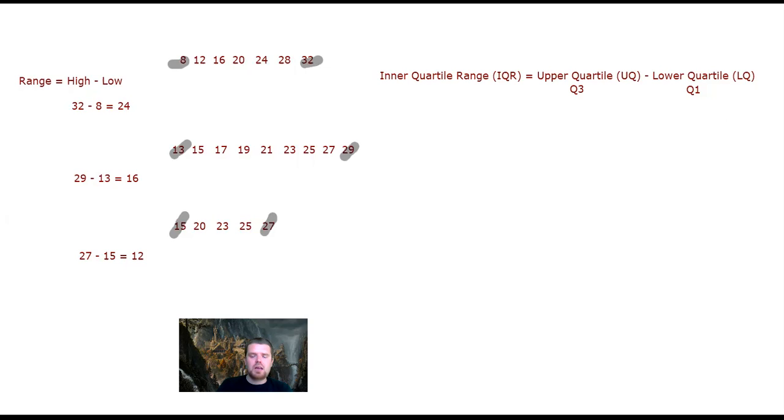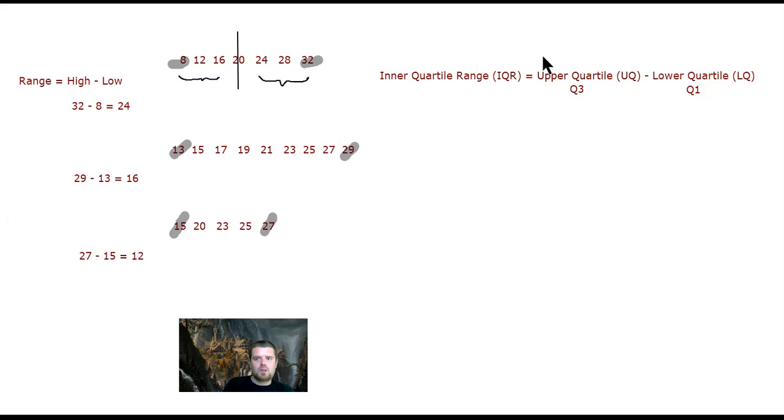So in calculating IQR, the first thing we have to do is identify the median. Remember that median is the number in the middle. So for instance, in the first set of data, 20 is in the middle, and so that cuts my data set in half. Once I do that, looking at the left and right sides, I want to look for the middle of the left-hand side and the middle of the right-hand side.